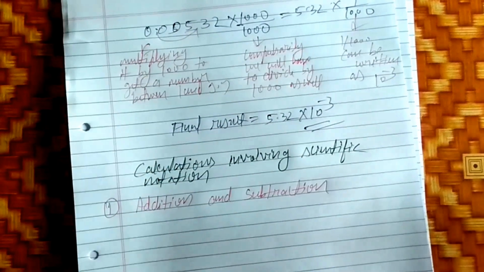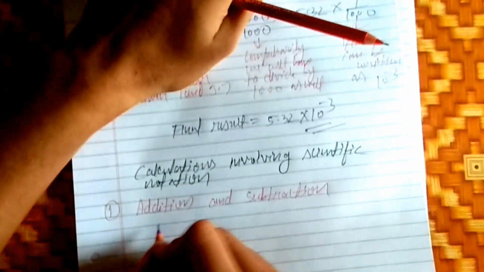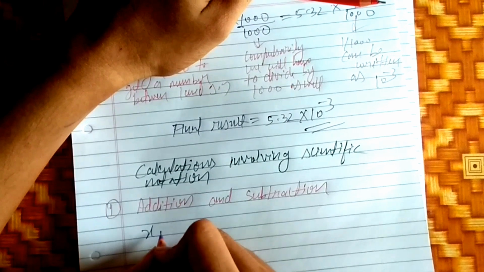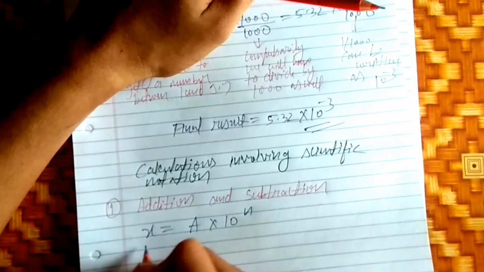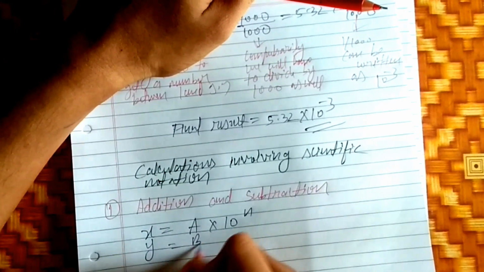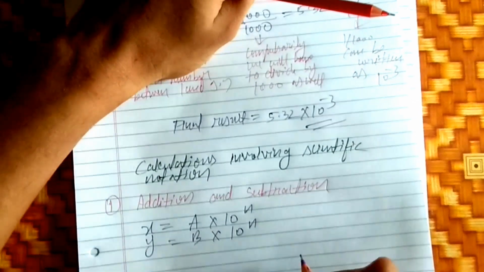Addition and subtraction. Now suppose we have two quantities where x is a into 10 to the power n and y is b into 10 to the power n.